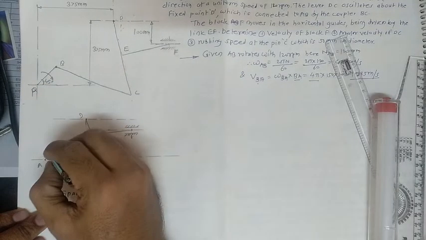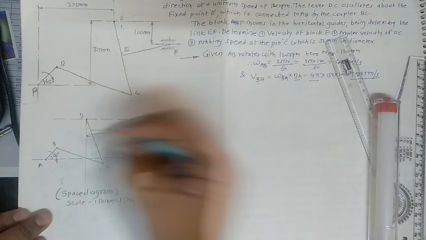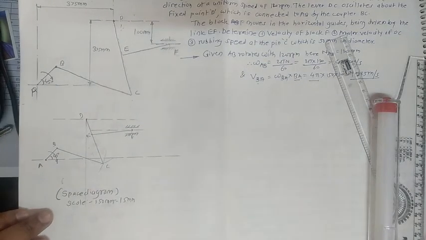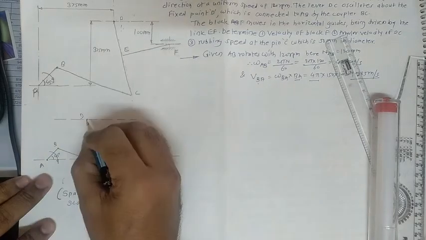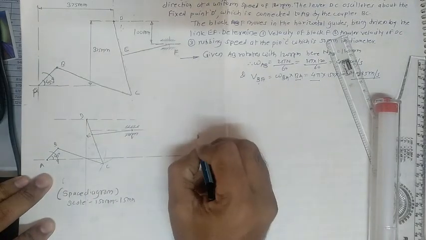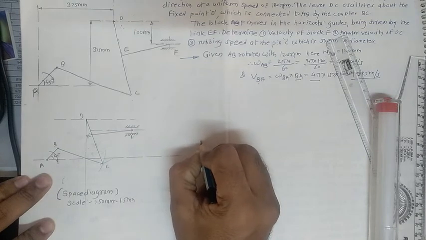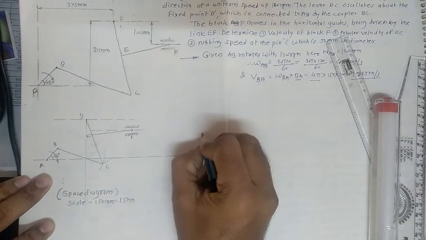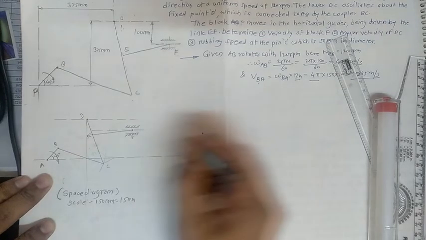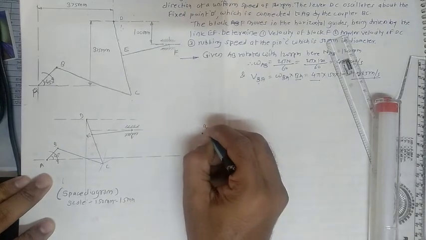This rotates about this point in the clockwise direction, as given in the problem. So whatever points are fixed, just mark them at a single point like this, and give it the name AD.